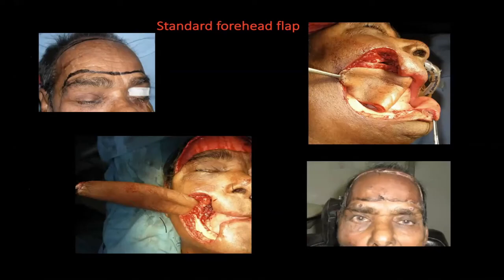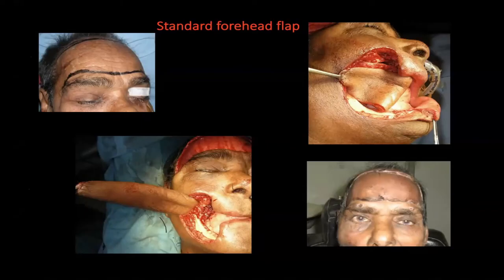A lot of people were doing standard foreheads, because there is a standard forehead and then there are midline forehead flaps. The standard forehead flap can also be used if you are thinking of reconstructing a cheek defect, especially in patients who don't have a pectoralis major flap intact, or if they don't have any other option available.